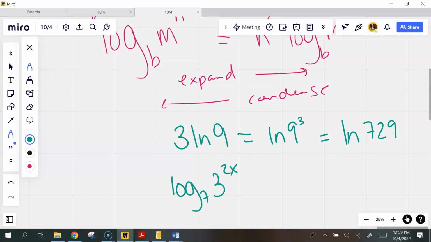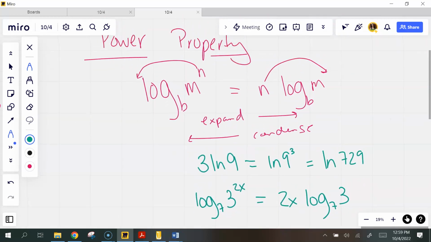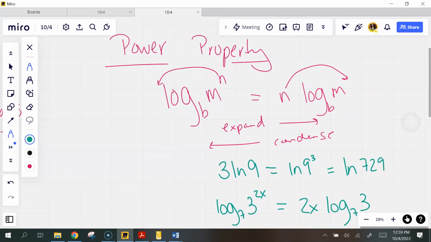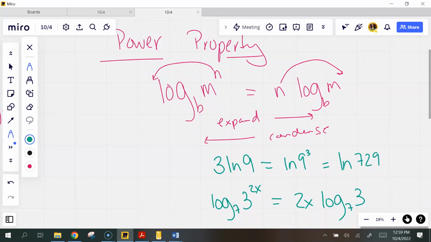How do you expand that one? These are the kind of things that throw calculus kids off all the time. That's why I think it's important we take time to do it. It's never the calculus.